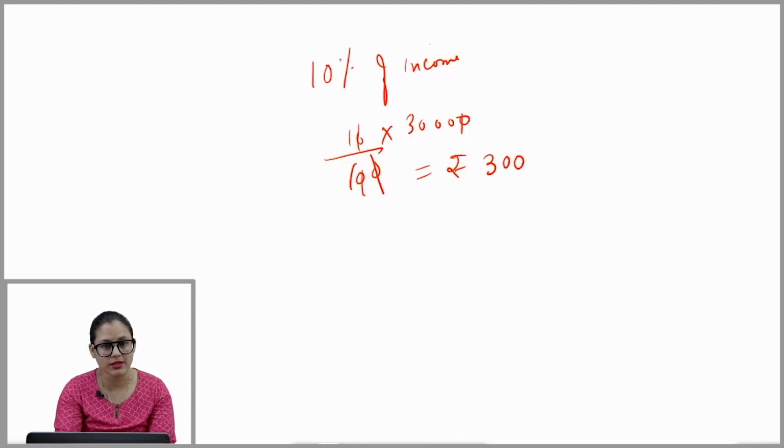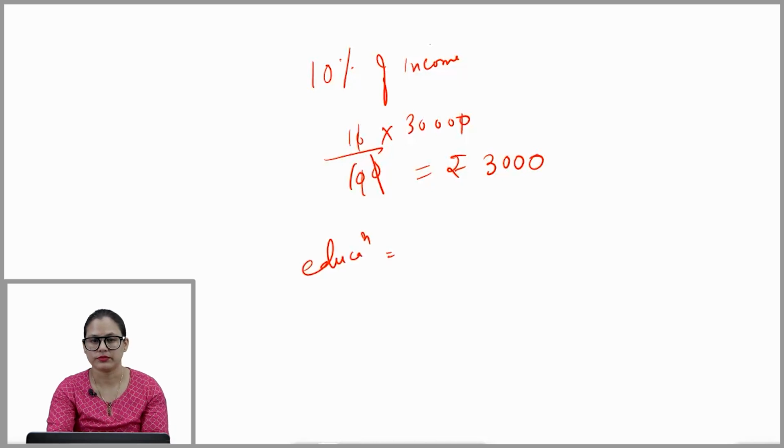Expenditure on clothes is 3,000. Is what? How much? Is 20%. That is 30,000.